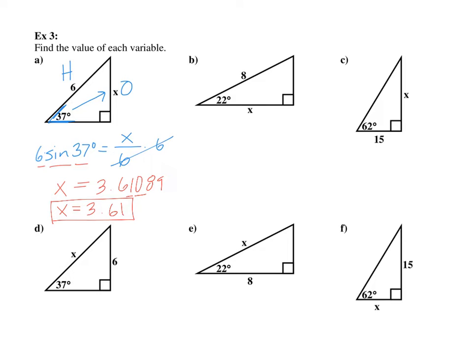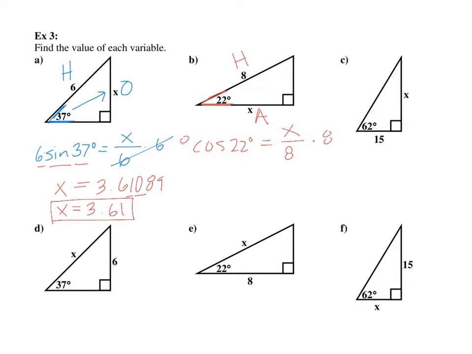All right, now for part B, what do we have here? I'm working with this angle. I'm trying to figure out the adjacent side, and I have the hypotenuse to work with. So which trig function would you apply? You would apply cosine. Cosine of 22 degrees is equal to x over 8. All right, how do you get x by itself?